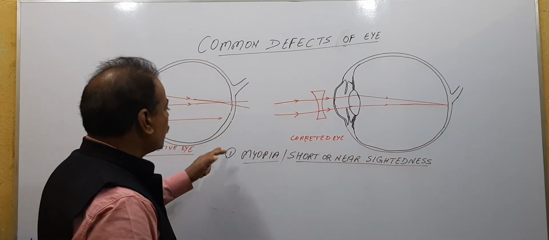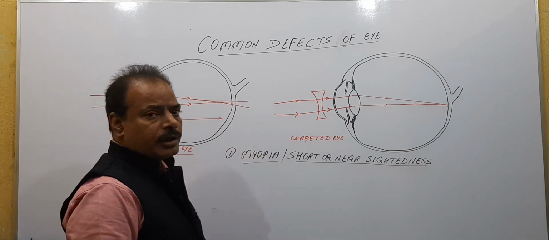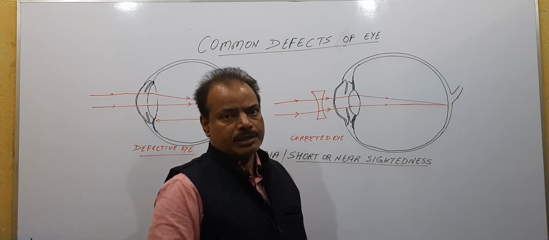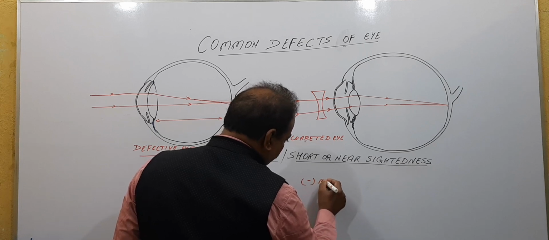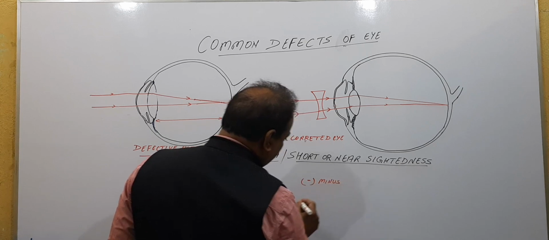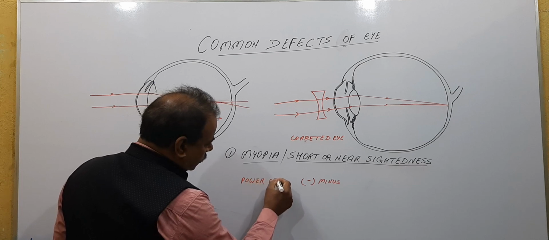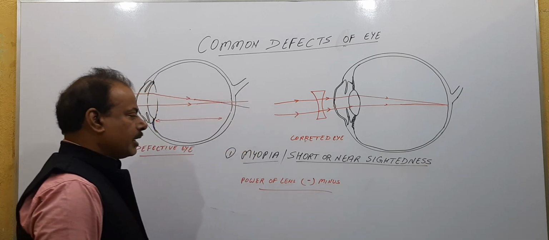And in this way, myopia can be corrected. And the power of the lens is expressed in minus.